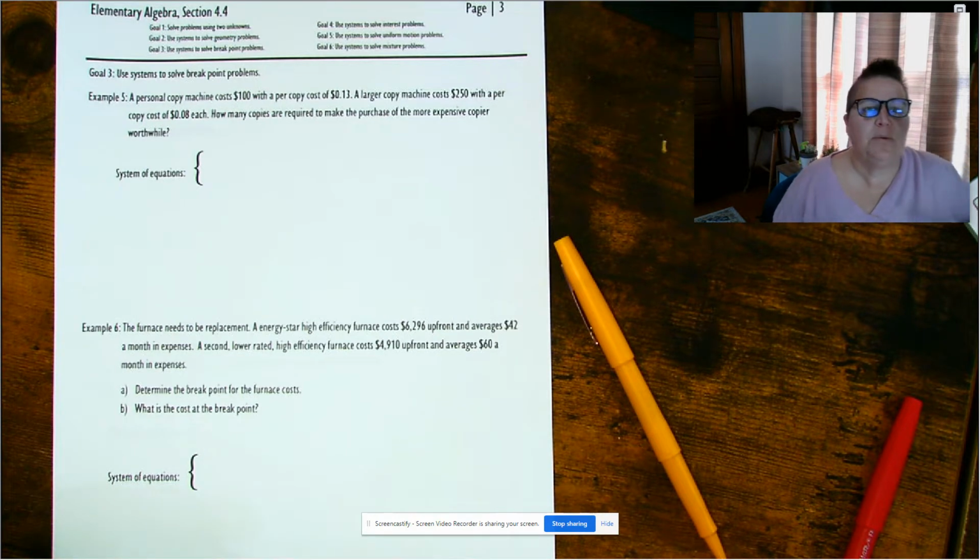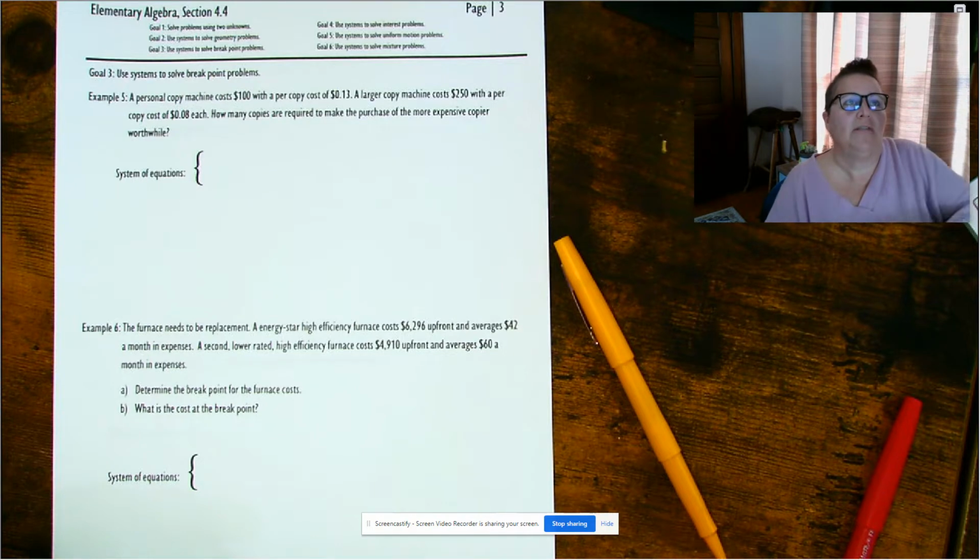All right. So the idea of a breakpoint problem is that you might have two different plans. And the breakpoint is when those plans involve the same amount of money. So oftentimes, like if you join a gym, they might say it's only $5 to join the gym, but then they'll charge you $65 a month to stay at the gym, right?